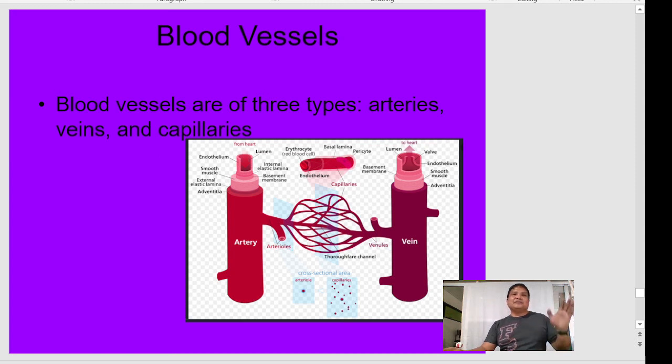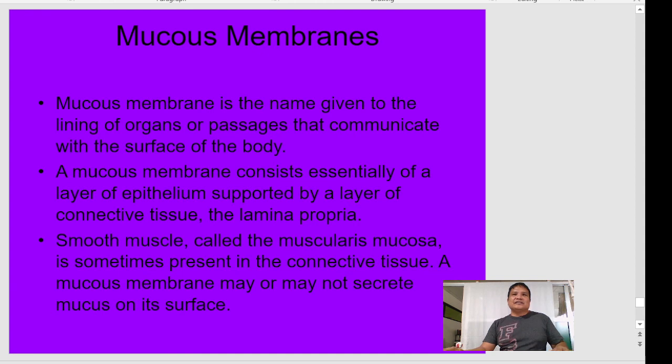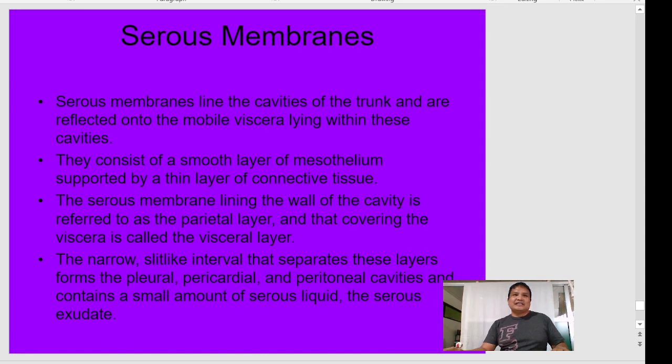We also have blood vessels, but we will not talk about them anymore, because we will discuss them as we go along. I want to discuss the membranes, the serous membrane, because it is related to the cavities.